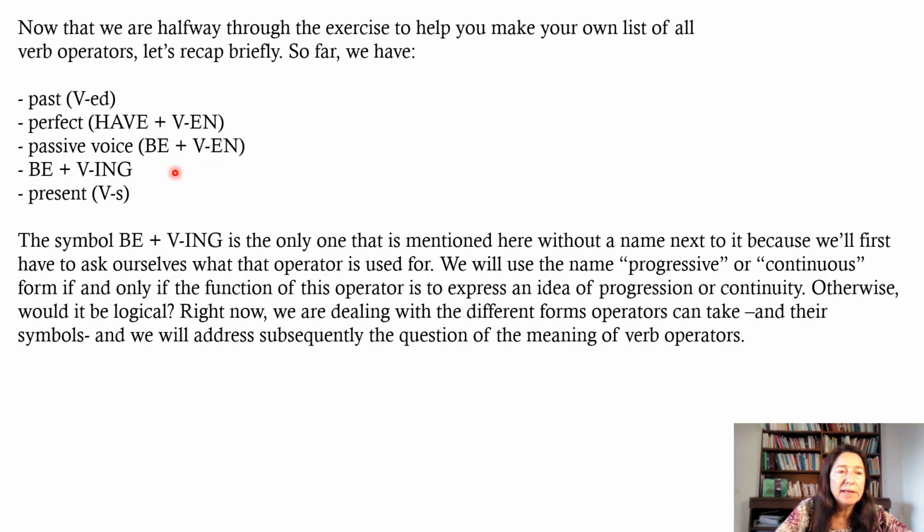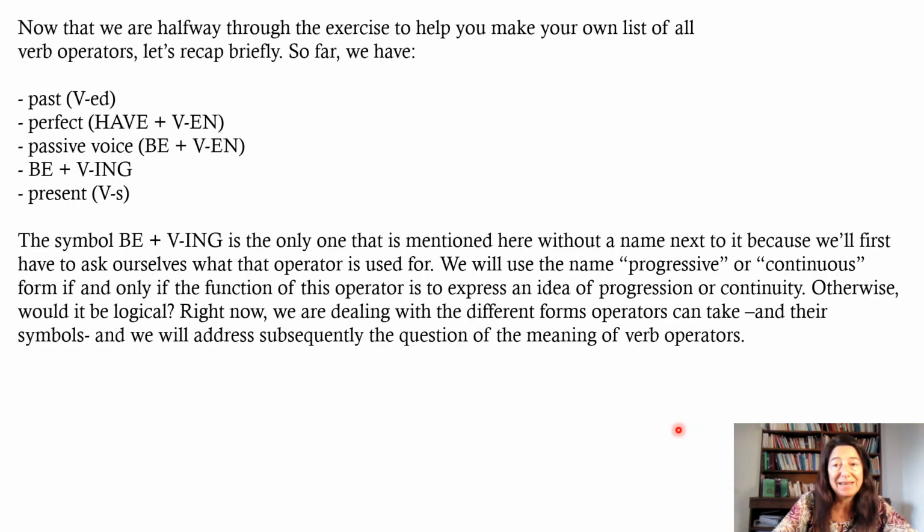Okay, so very quickly here, we did not put a name on be plus VING. Why did we not say that it is the progressive form or the continuous form? Because it is a really important point that needs to be discussed and thought through, and we will only use this tag, this name, if we actually convince ourselves that this be plus VING form is used to express an idea of progression or continuity.